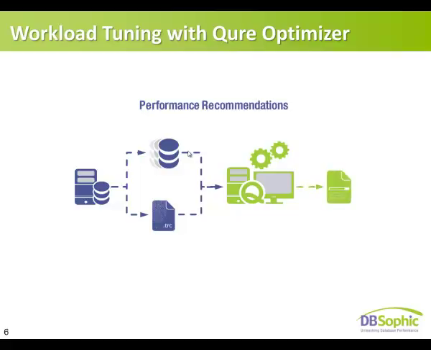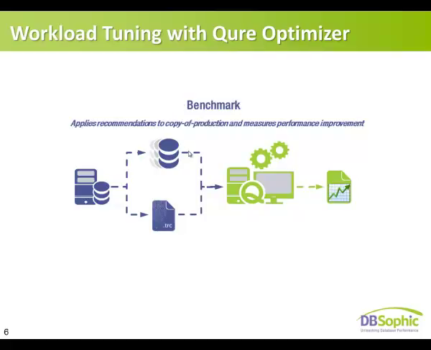However, Qure Optimizer doesn't stop there. Hypothetical recommendations are not good enough, and having an offline copy of production all to itself allows Qure Optimizer to take things to the next level and to test these recommendations for you in action.